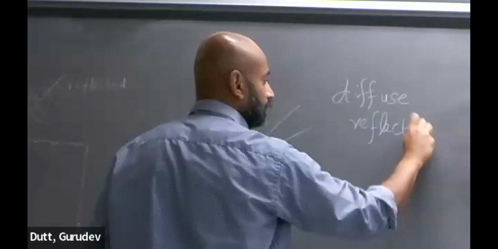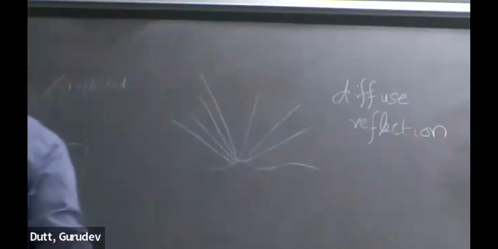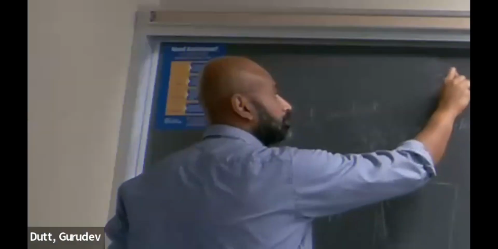This is called diffuse reflection. And this, where you get a sharp beam of light coming out, is called specular reflection.